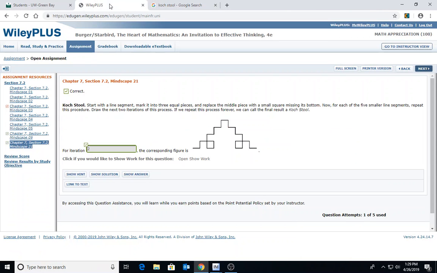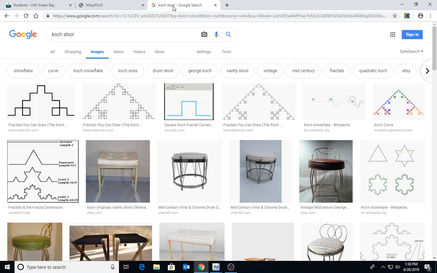Let's see, what did I have? Yeah, that was what I had. So that was the second iteration. And then the third iteration would put a little tinier Koch stool on each of these. So you'd have 1, 2, 3, 4, 5 Koch stools on each of these 4 branches. Let's see if we can see one of those on here.